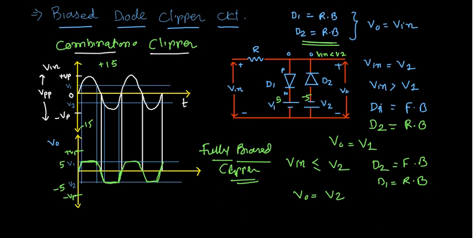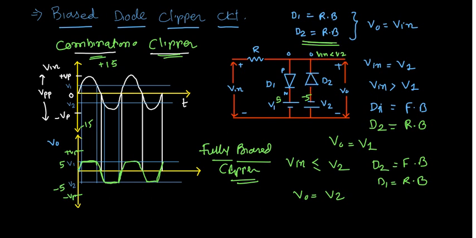So I hope you understood this combination clipper circuit, and the concept of positive bias and negative bias circuit. We have already discussed the positive bias circuit, but this part is the negative bias one. There, negative clipping is happening, the negative portion of the waveform is clipped. So this is the negative bias part.